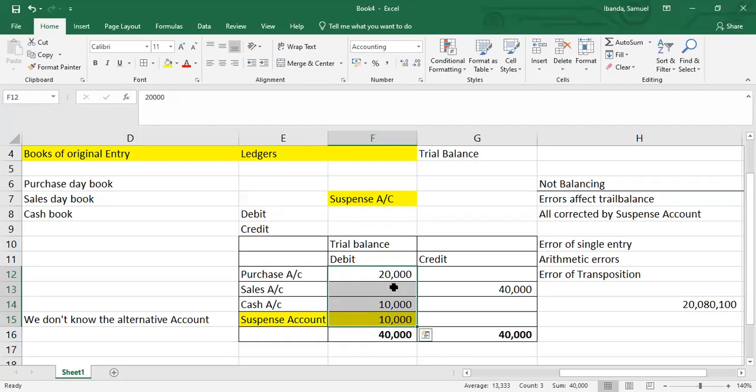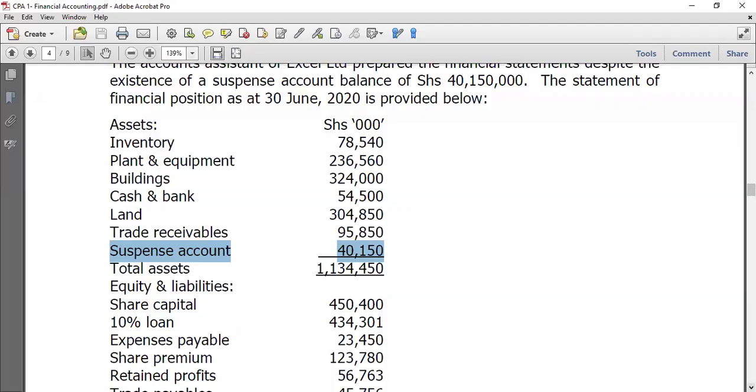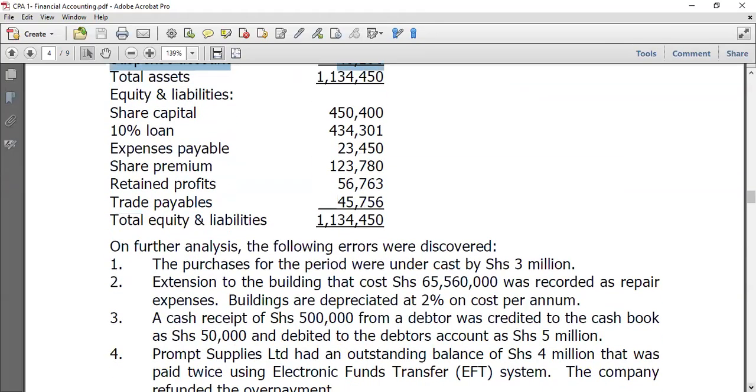So the suspense account is acting like an asset in its own right, okay? Now that is very important because when you're trying to prepare your suspense account, you need to know where you put your balance brought down, because that is the first step we take when we get into a suspense account. So sometimes the examiner brings it in this way, where you have to figure it out, just like the way we have it here.